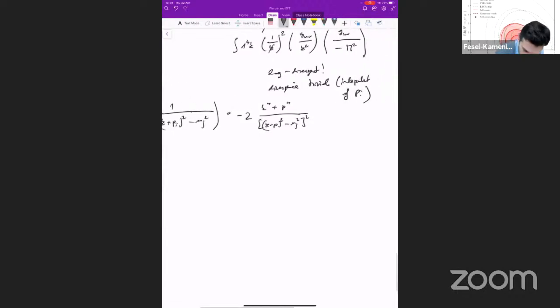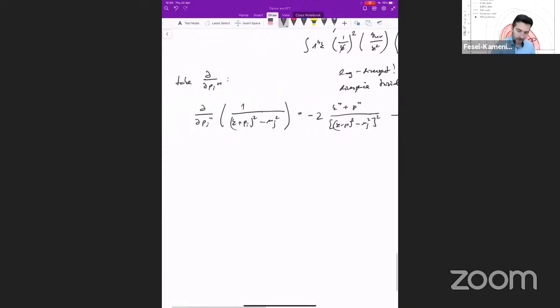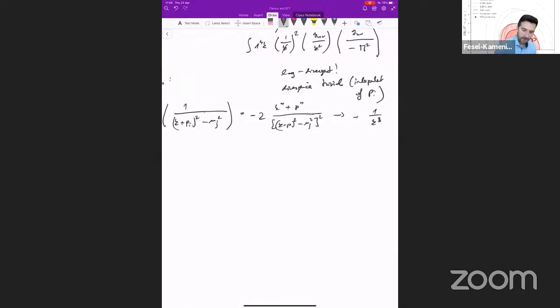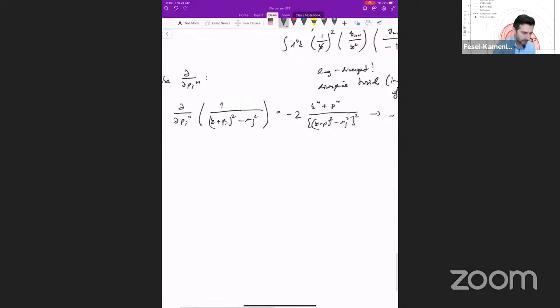But what is important is that at high k, this differentiated propagator will scale as 1 over k cubed. So even though we've differentiated with respect to the external momenta, we've increased the convergence of the loop integral, because now the fermionic propagators are more convergent once we differentiate with respect to external momenta.